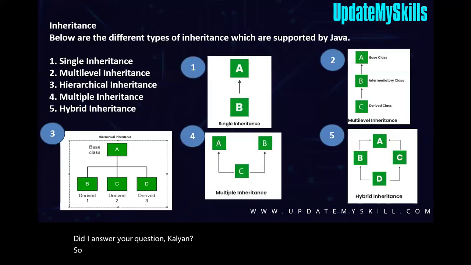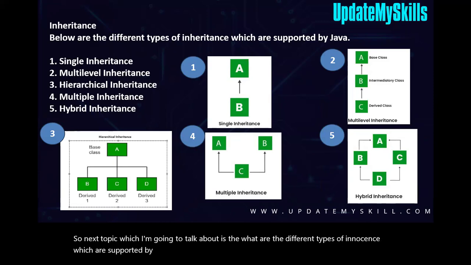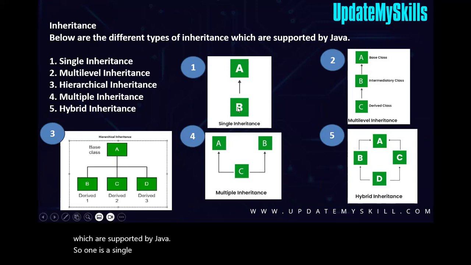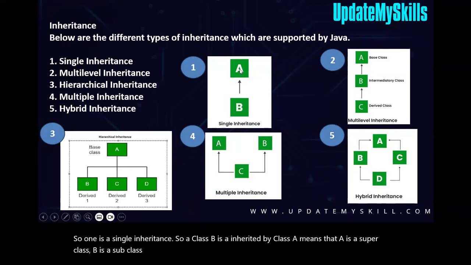So the next topic I'm going to talk about is the different types of inheritance supported by Java. One is single inheritance. Class B is inherited from class A, meaning A is the superclass and B is the subclass, a single type of inheritance.